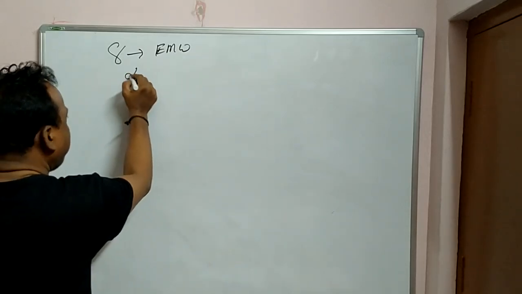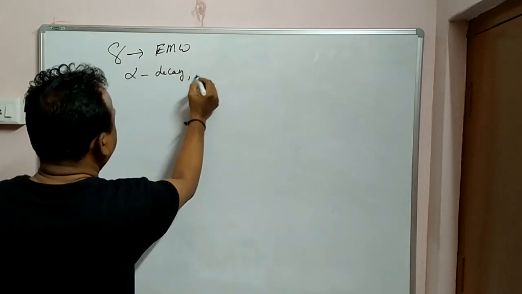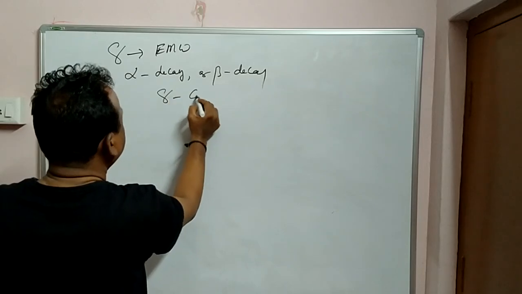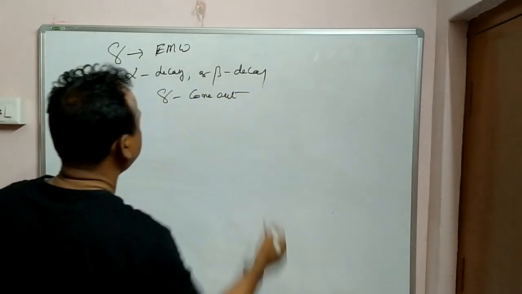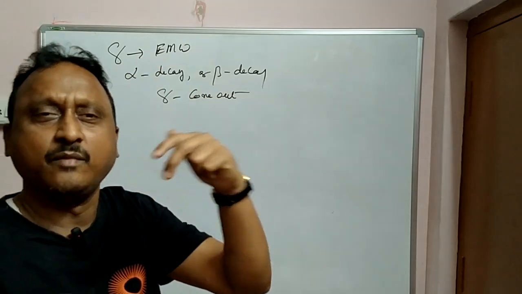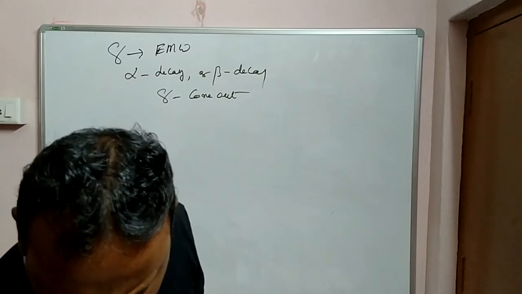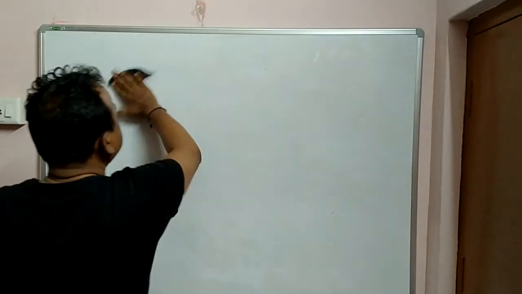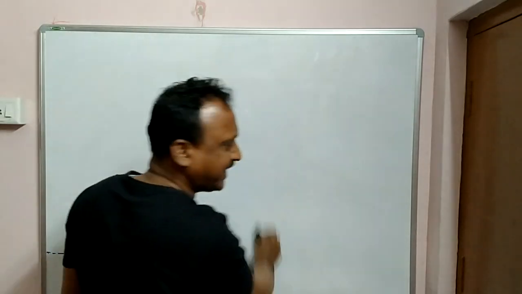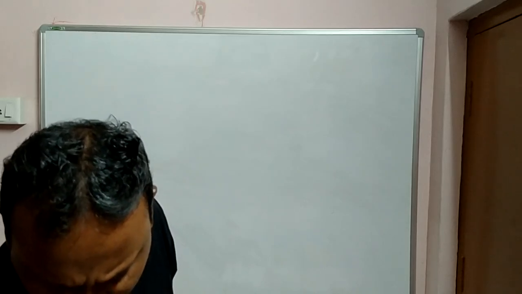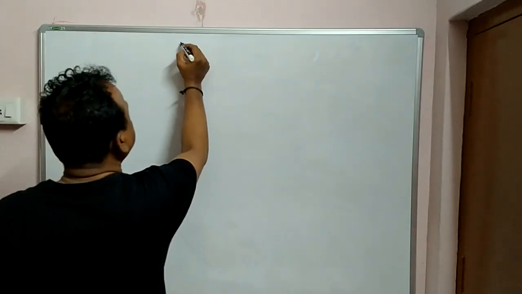So during alpha emission or beta decay, gamma can be emitted. Clear? Are you following, all of you? This chapter is very concept based and also very interesting. Now let us go to our next topic, radioactive decay law.